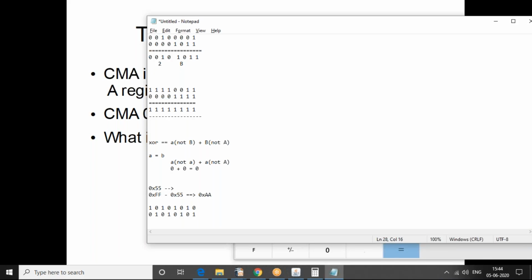Now you look at a complement, and you see wherever it is 1, it is now made 0, and wherever it is 0, it is made 1. So that's another way to look at complement. And this is AA and this is 55.